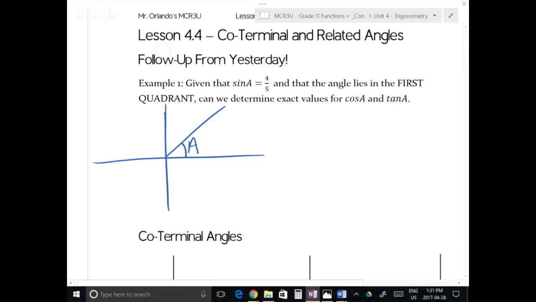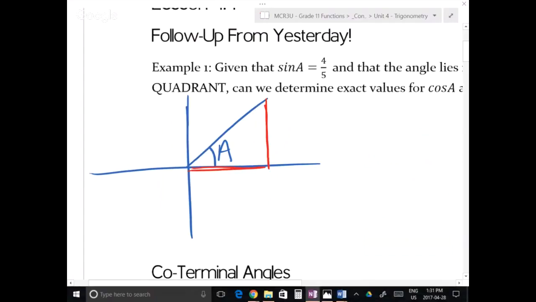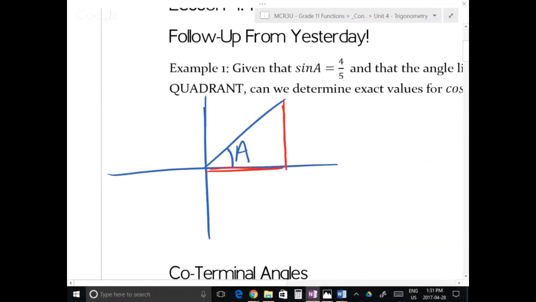So let's go ahead and make this a right angle triangle, because that's the whole idea with plotting angles. Now, if the sine of A is 4/5, then this isn't actually on the unit circle, because this 4/5 tells you that the hypotenuse is how long? If sine A is 4/5, what's the hypotenuse?